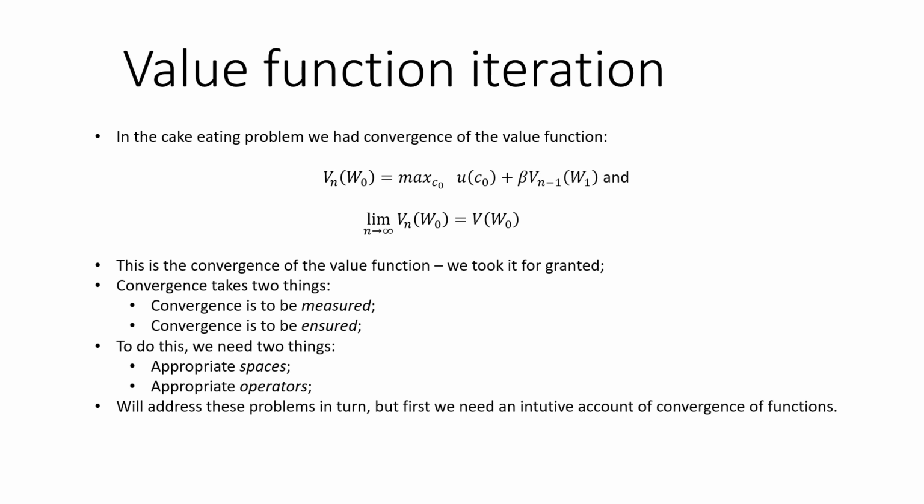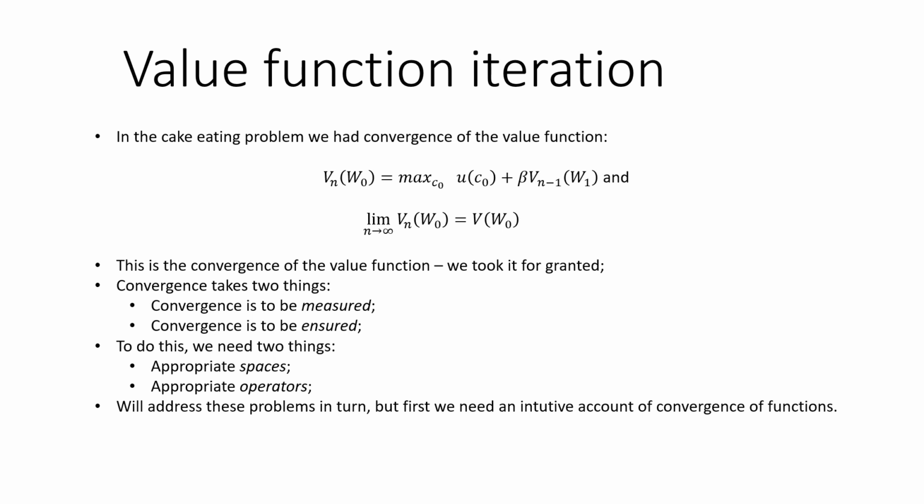When we were converging towards the value function of the infinite problem, and we did converge, it means that the distance between these consecutive points was decreasing. So we had a sequence of functions, and the distance between any two consecutive functions was decreasing. This is convergence in the way we use the term in the case of convergence towards the value function of a problem. So we need to measure convergence, and to do so we need appropriate spaces.